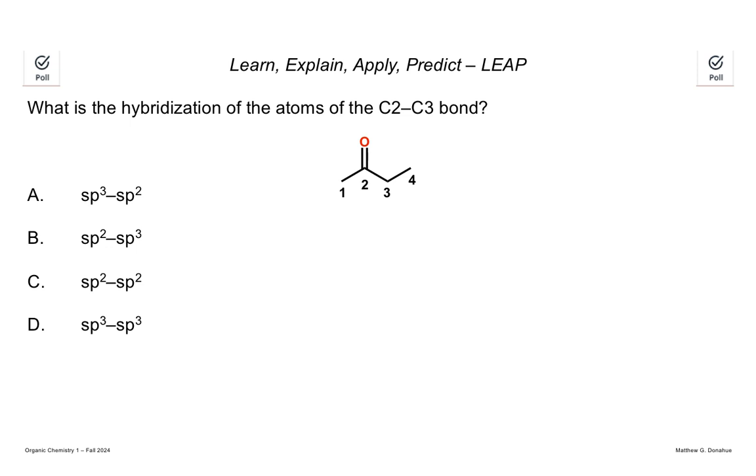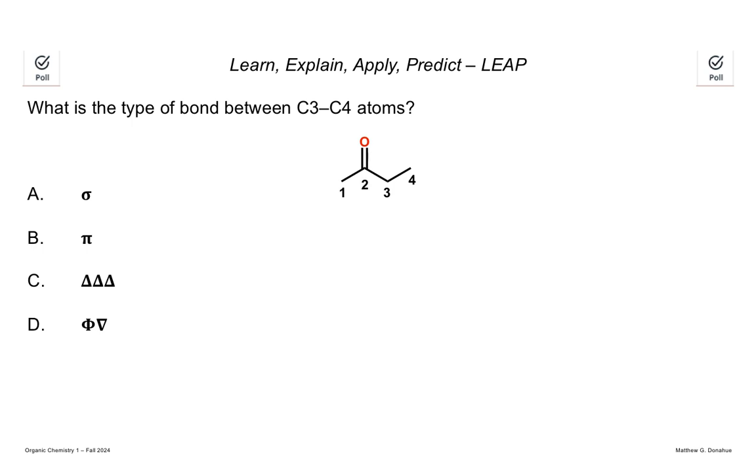For the C2 to C3 bond, we see that carbon 2 is a ketone, so it's a carbonyl, so it's sp2, and we said C3 was sp3. So for this one, we have B, sp2, sp3.